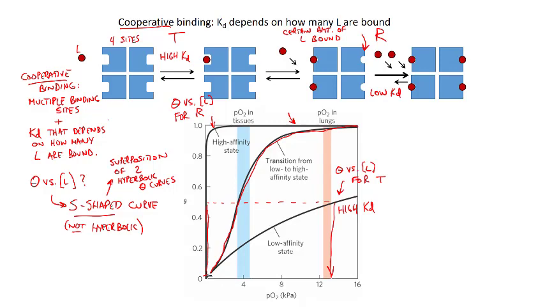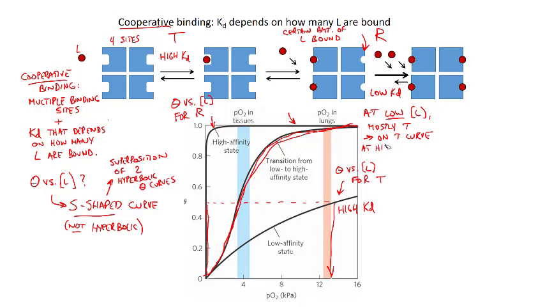And so what happens is, as more and more of our ligand binds, we start off in the T structure and then gradually switch over somewhere in between to the R structure, so that at very low concentration of ligand, you have mostly T, and therefore we are on the T curve.